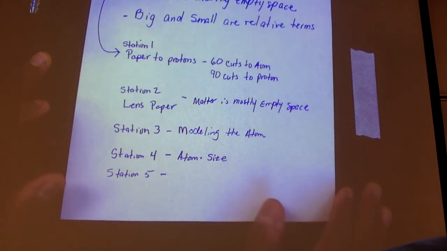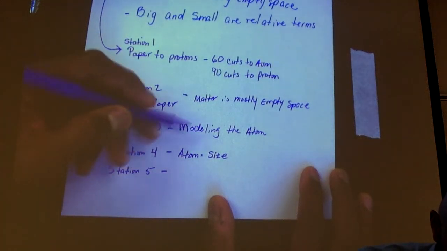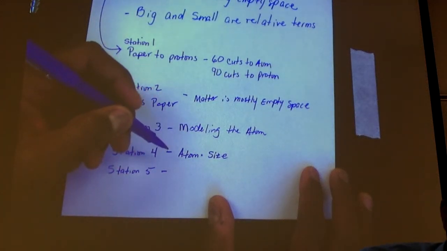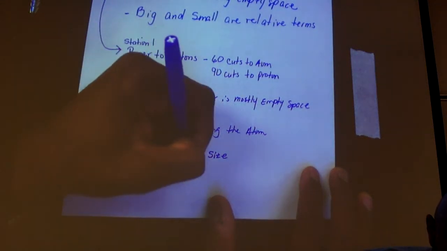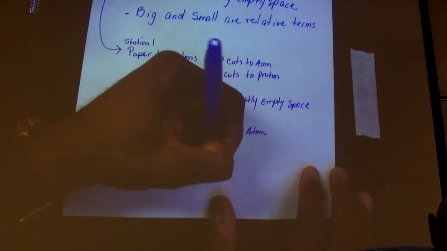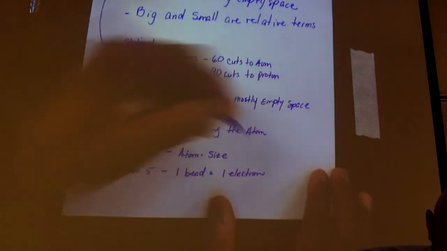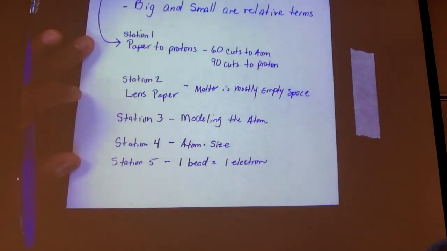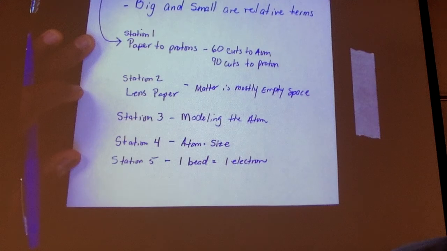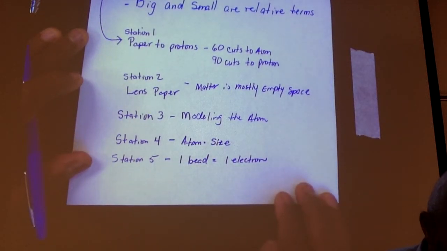The whole idea was that if you were to increase the size of an electron to be the size of a bead, so if one bead equals one electron, how many beads would we need in order to make a proton?